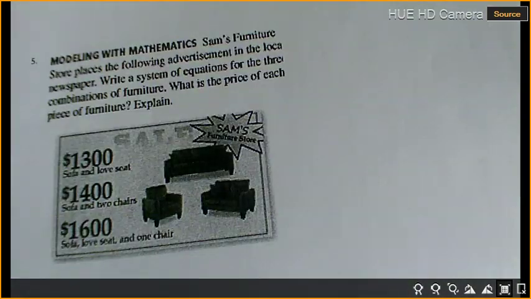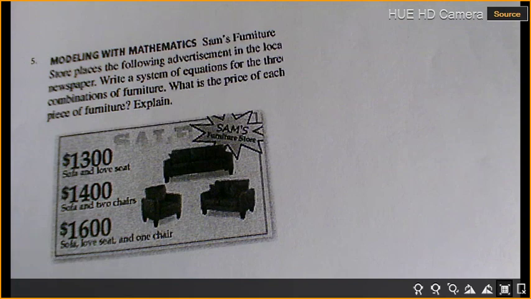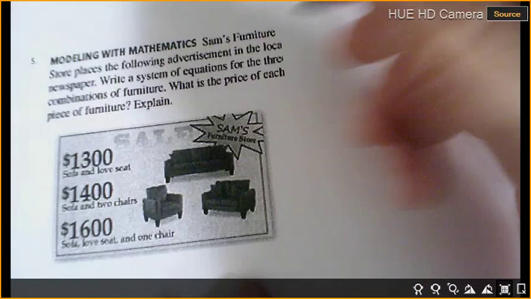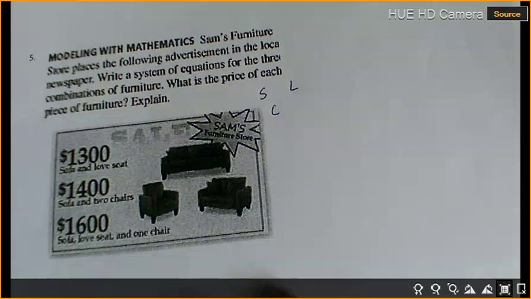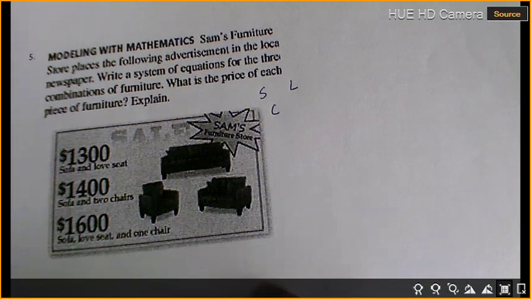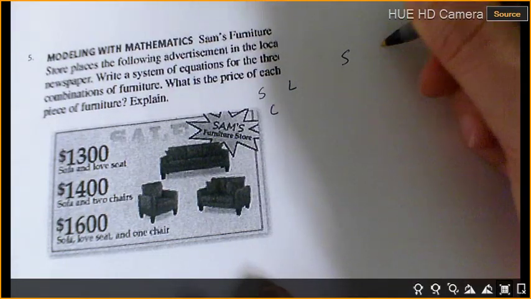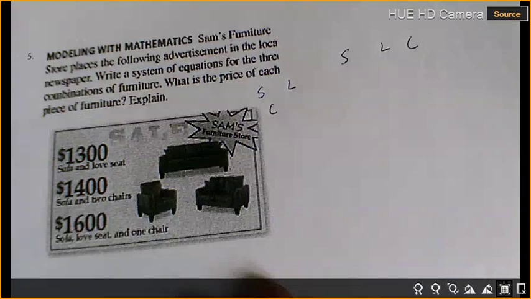A sofa and 2 chairs is 1,400. A sofa, a love seat, and 1 chair is 1,600. So let's make sofa S, love seat L, and chair C. So far, so good? Okay. And we're going to put them in those orders: S, L, C.